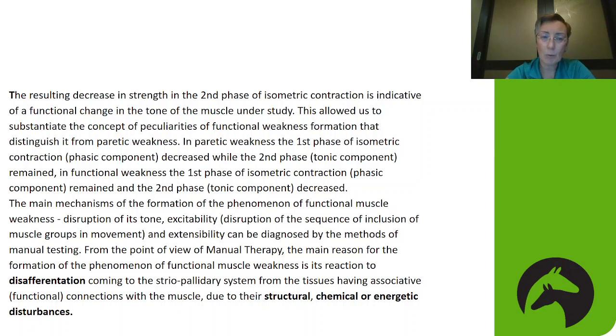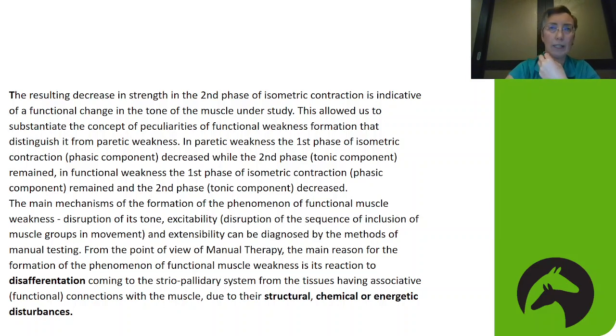In functional weakness, not paretic, the first phase is okay and the second phase is decreased.